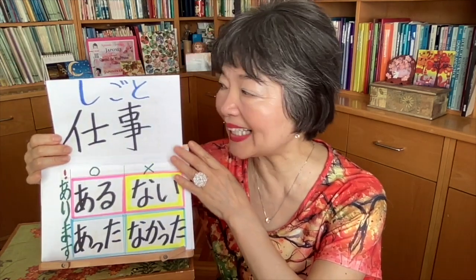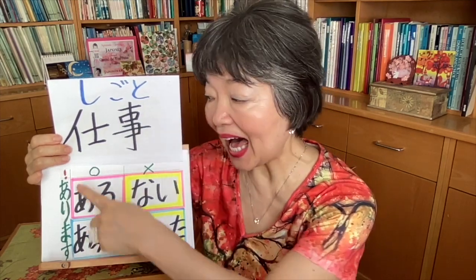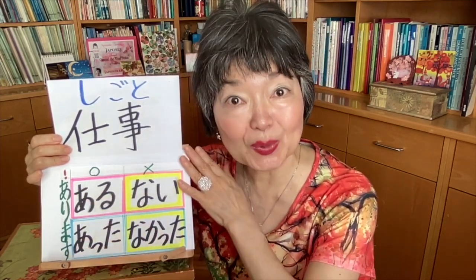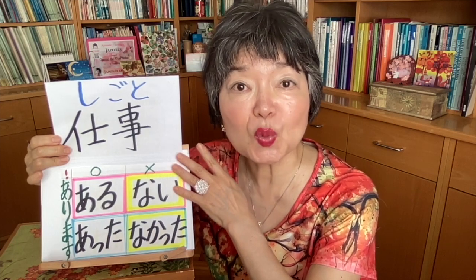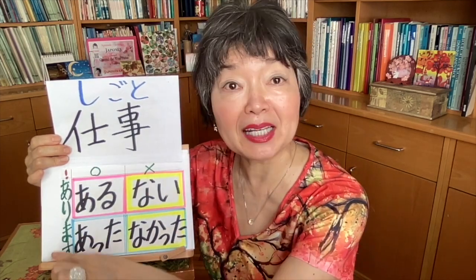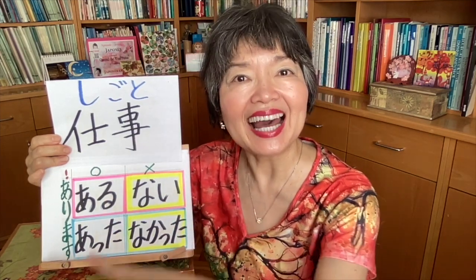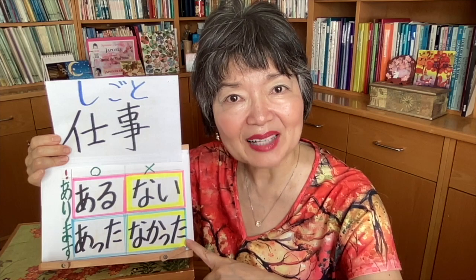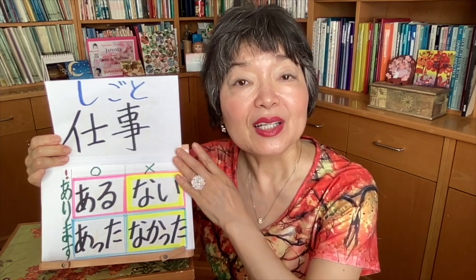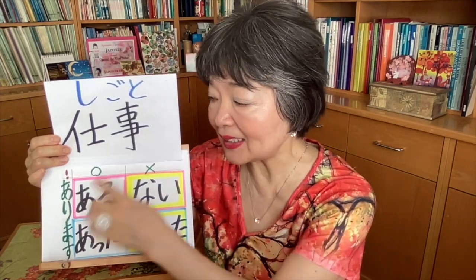I've got work or you've got work: we say 仕事があります. But we must change to 普通形, the plain form. The plain forms of あります are ある, ない, あった, なかった. But in this case, this is the present tense.